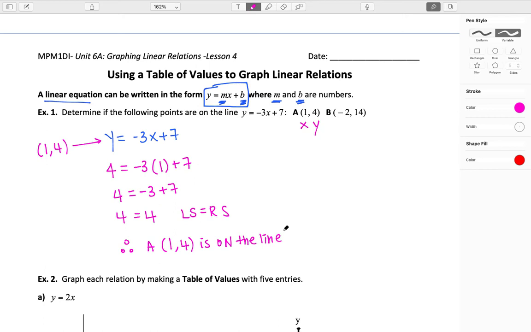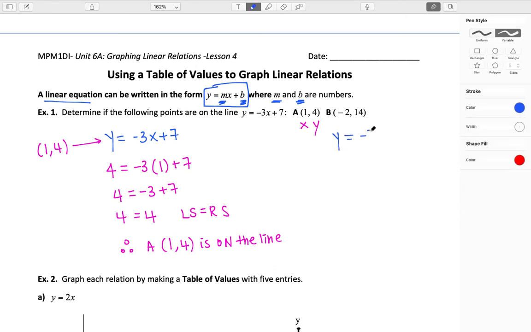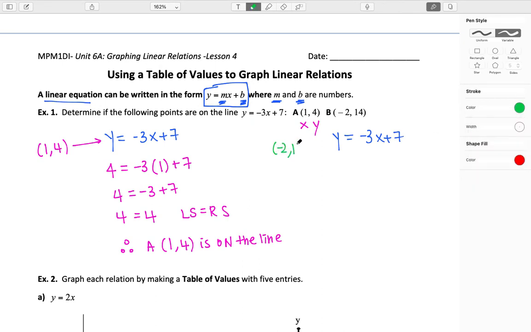Okay. What about point B? Same idea. We are going to write down the equation, and we are going to plug in -2, 14 into the equation. So this is x and y. y is 14, x is -2.